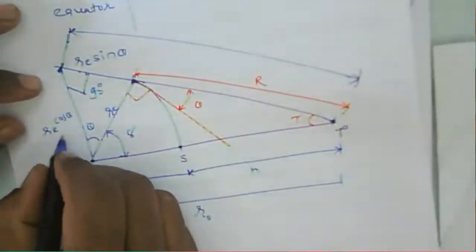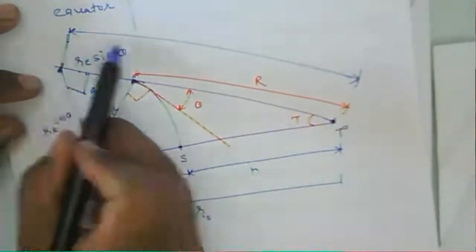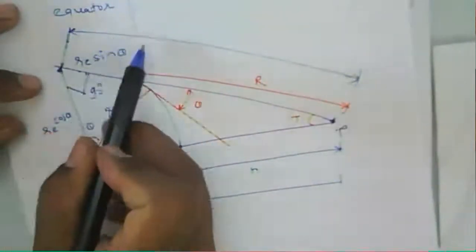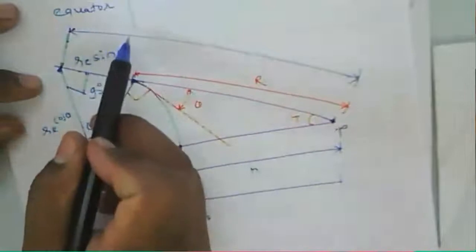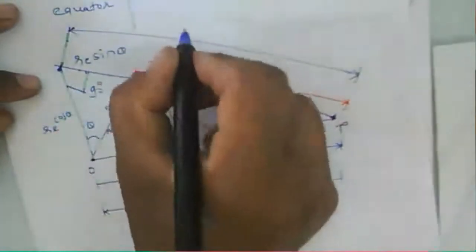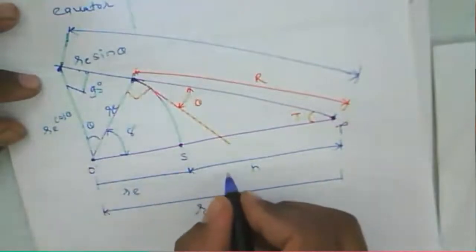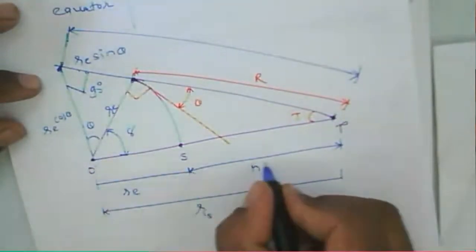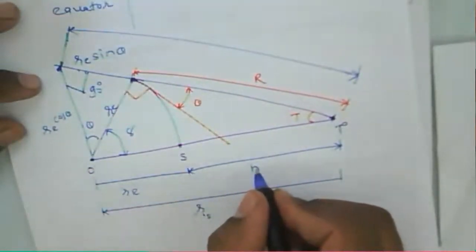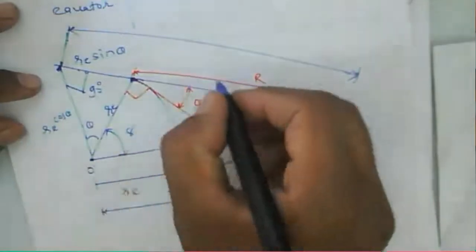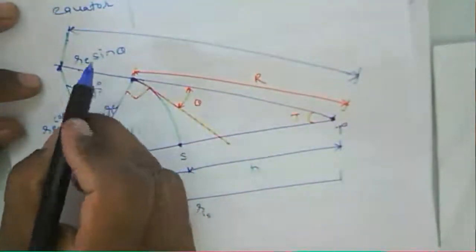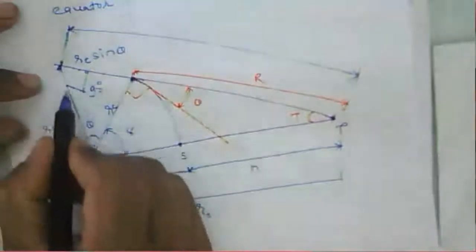Now this particular length from this point is what? We have RE plus H here in another way, and the other is RE cos theta.